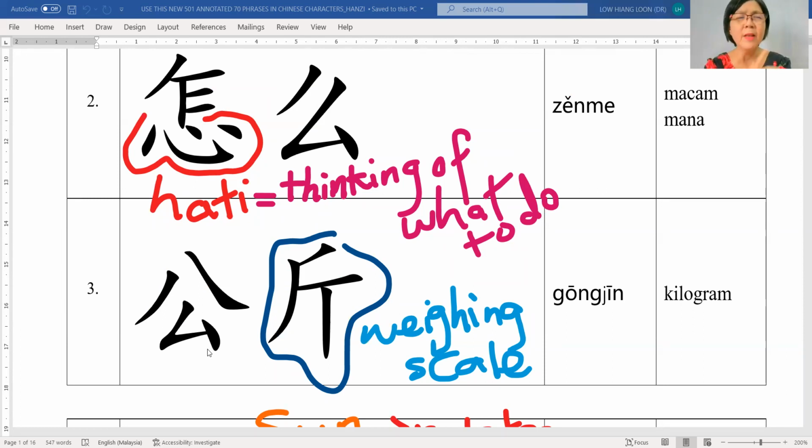In my heart I think we should do like this, we should do like that. So in the 怎么, you see the part that 老师 highlights here. This is in Mandarin, sin, this small part. The way to read is sin, and sin means hati. Okay, your heart is very fragile.